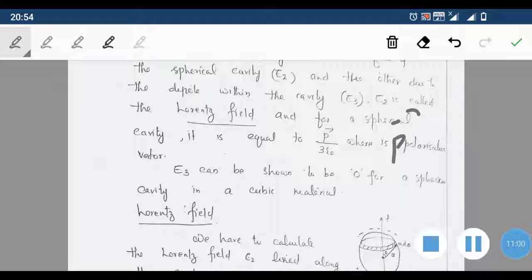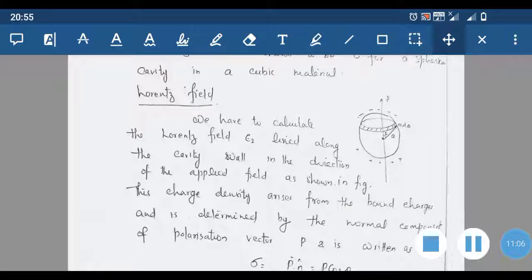Now next we have to calculate the value of the Lorentz field. In order to calculate the value of the Lorentz field, we have to calculate the Lorentz field E2 along the cavity wall in the direction of the applied field, as shown in the figure. So this external electric field is applied along this direction.